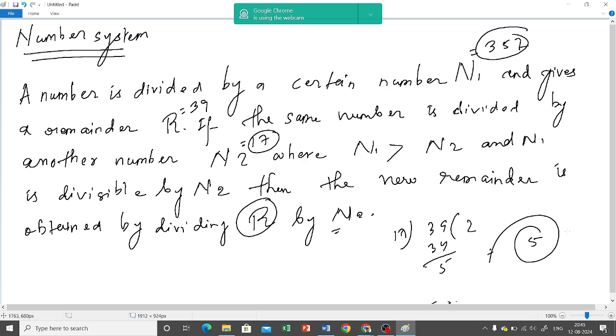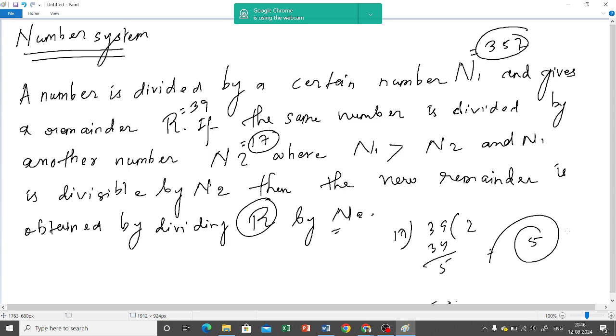Do this sum, please. When a number is divided by 56, the remainder will be 29.